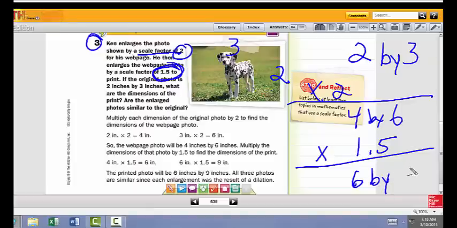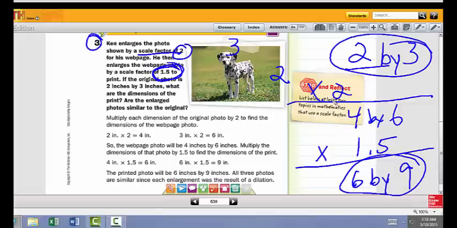So 6 plus 3 is 9, so I'm going to end up with a 6 by 9. Notice all I did is take my dimensions here, and I multiplied them by 2, and then I multiplied them by 1.5. Some of you will remember, or some of you will think of the fact that 2 times 1 1/2 is 3. If you go 2 times 1.5, that's 3.